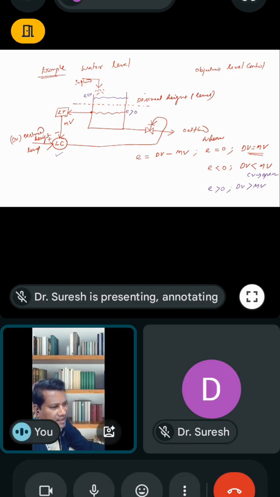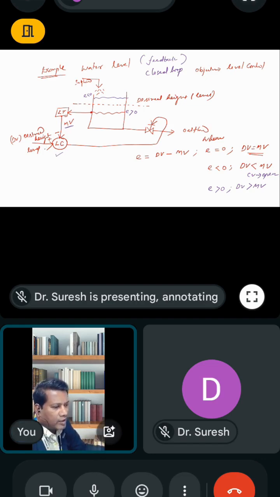So this is the basic example of a feedback control system application. We can also call it a closed loop control system. So I will explain the operation. The level of the tank is measured using a level transmitter. Then the measured value is compared in the level controller.